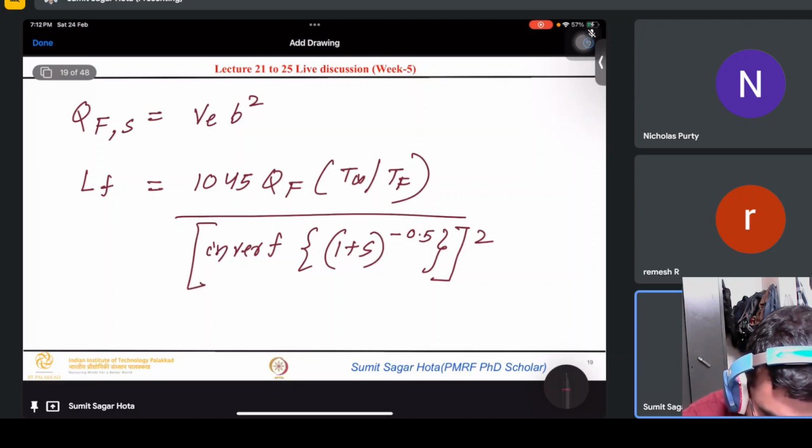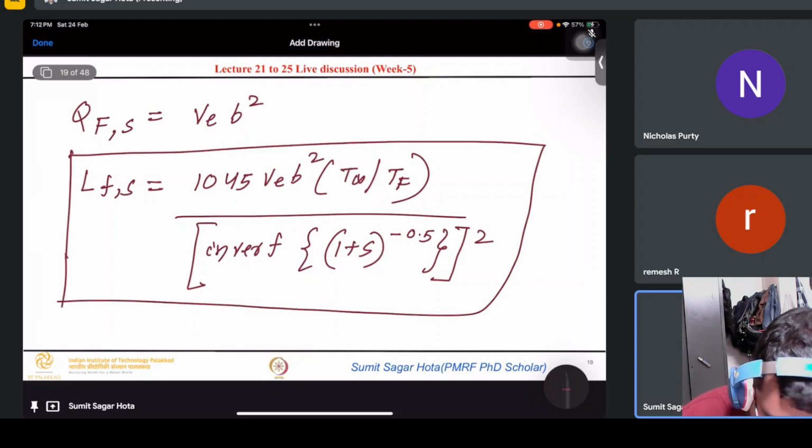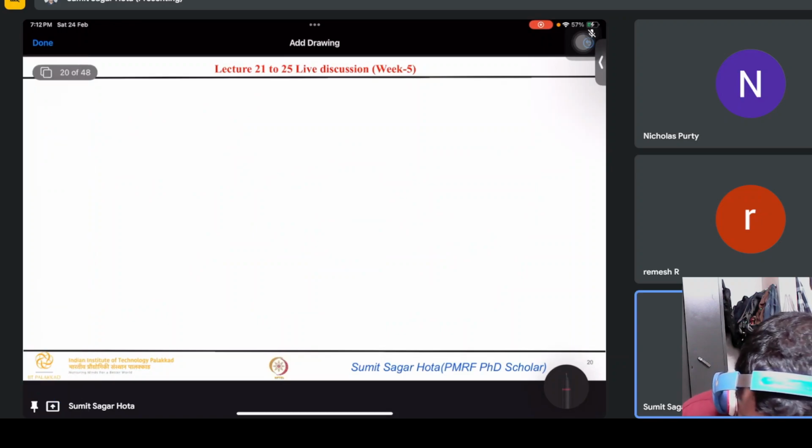In exam, I directly write in terms of V into B square, not in terms of Q_F. What we do is basically equate both, L_F square and circular L_F square.